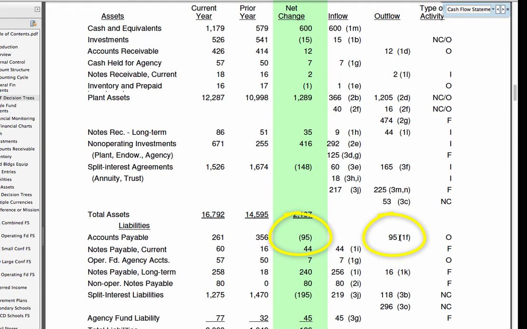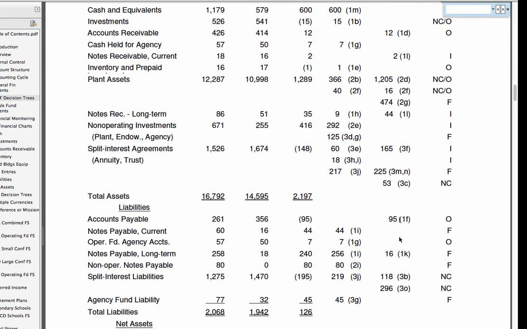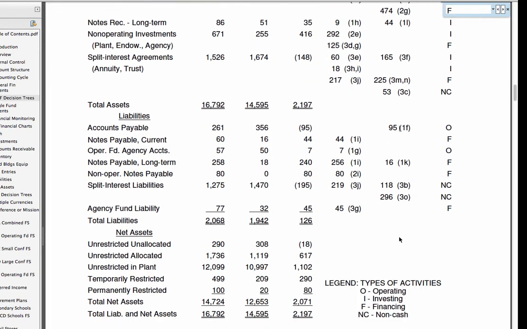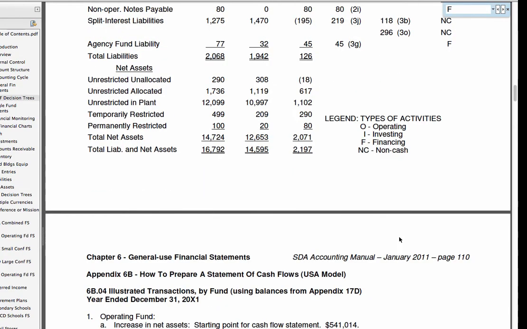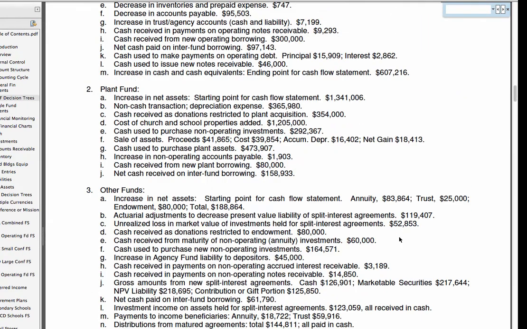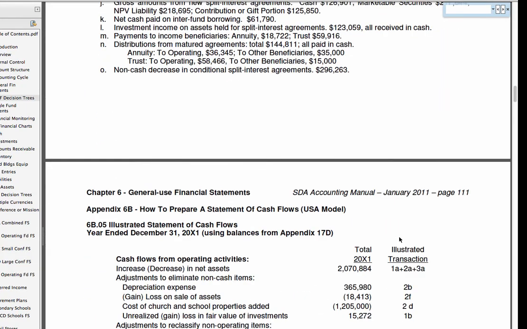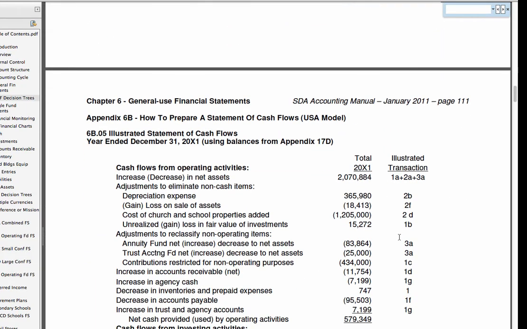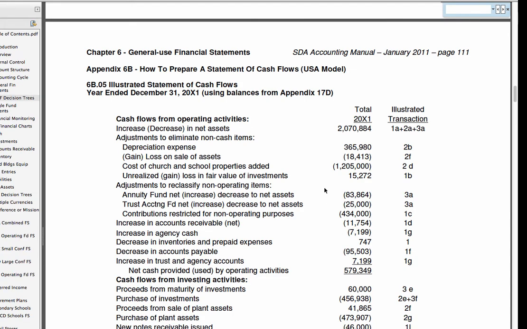And so if we go down to the cash flow statement, we will see 95 on the cash flow statement. It's found its way. So let's go down to the cash flow statement and see. Right here we go, and we have cash flow from operations, and we look around here, decrease in accounts payable for 95.